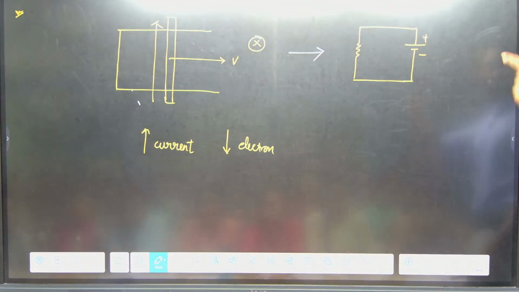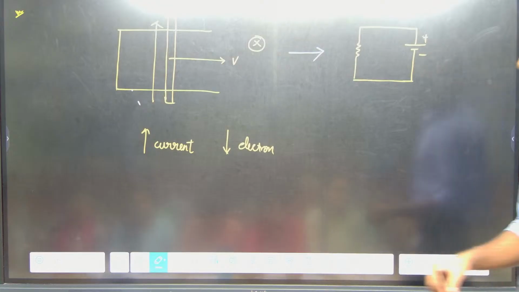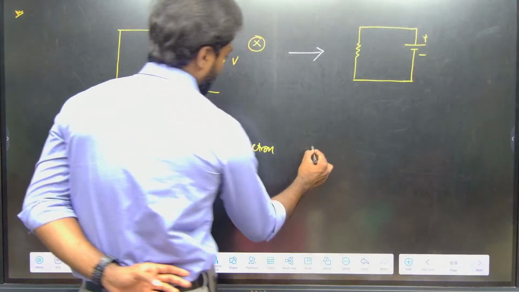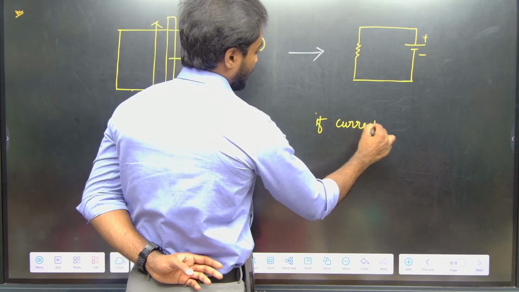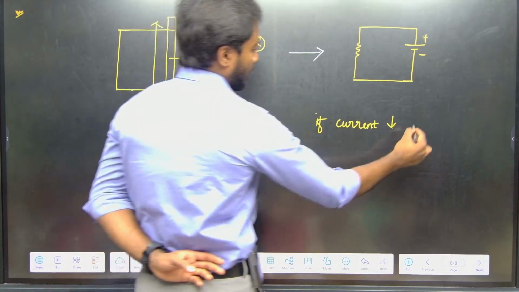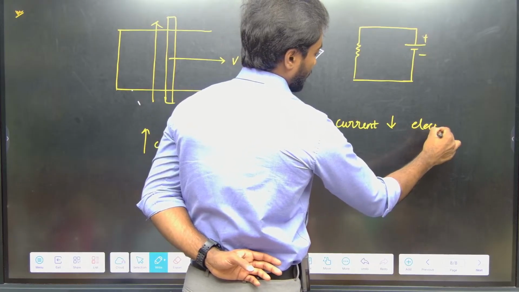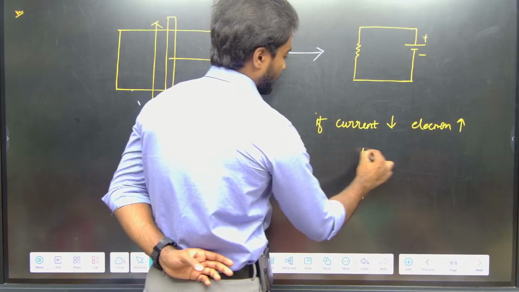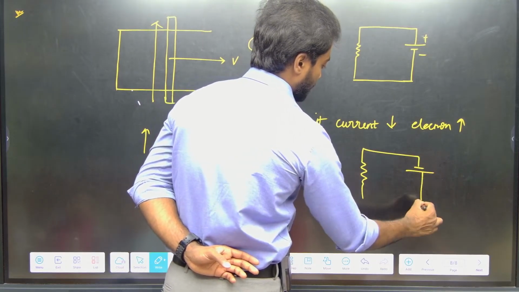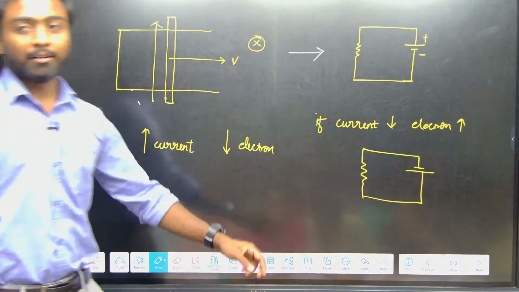So if the current flows in the downward direction, which means electron will flow in the upward direction, then in that case the diagram will be looking like this. The batteries are interchanged here.